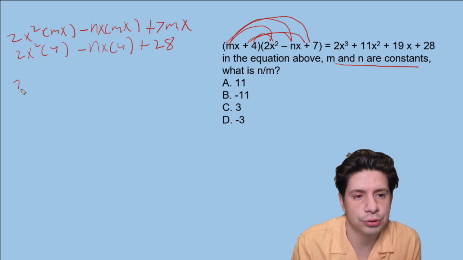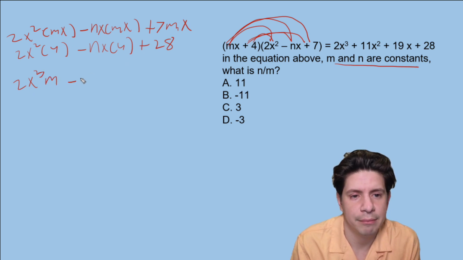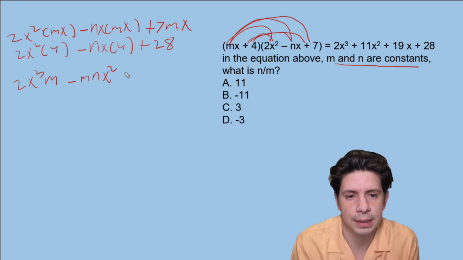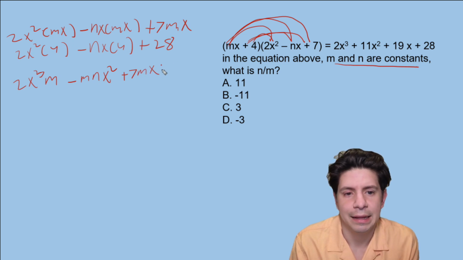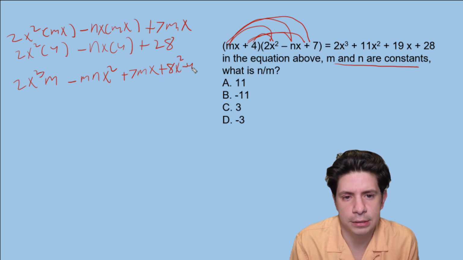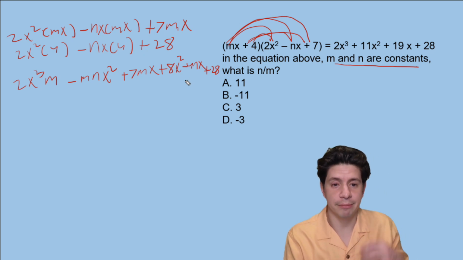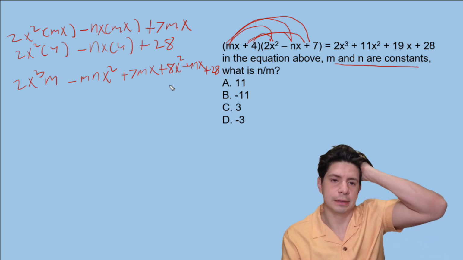Okay, so when we combine, we get 2mx³ − mnx² + 7mx + 8x² − 4nx + 28.